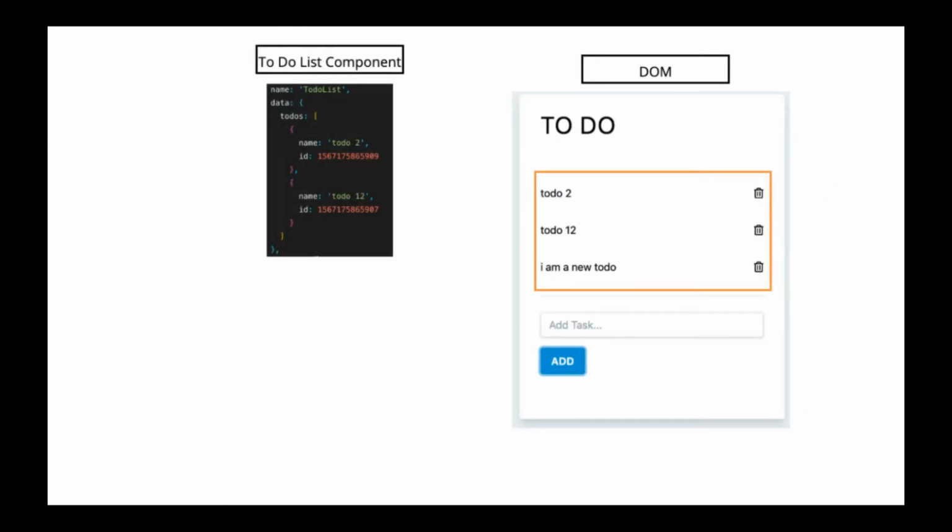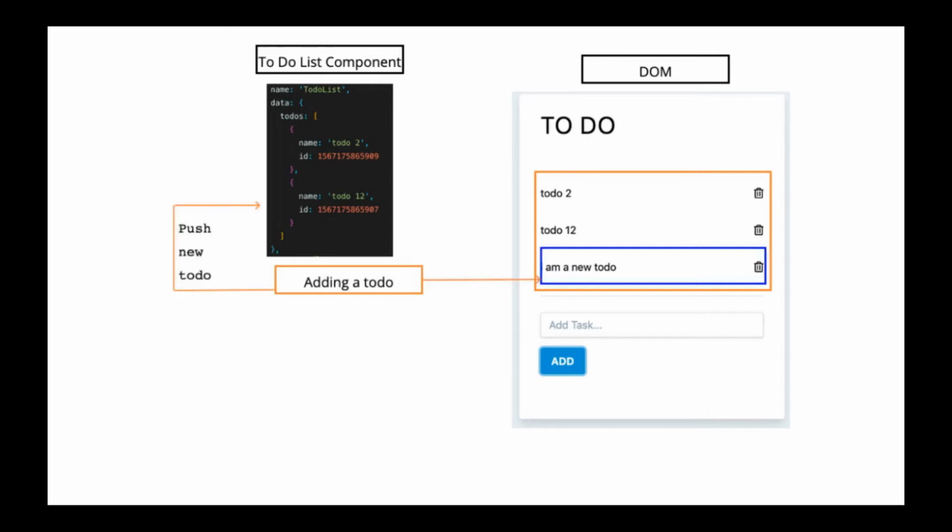So now you have added the new to-do, and you have what's happening in your to-do list component. At the beginning, he has just 2 tasks, and now we have a new one, a good friend. So I'm sure you know what will happen. You will send the new to-do.